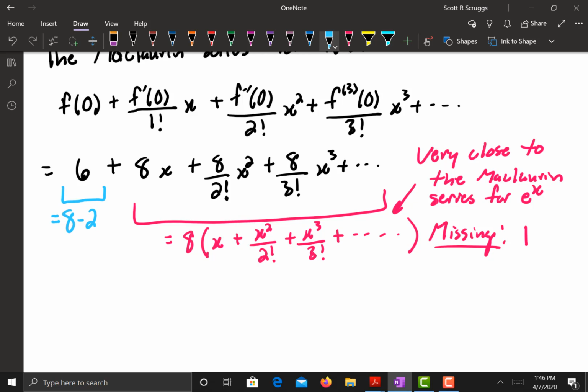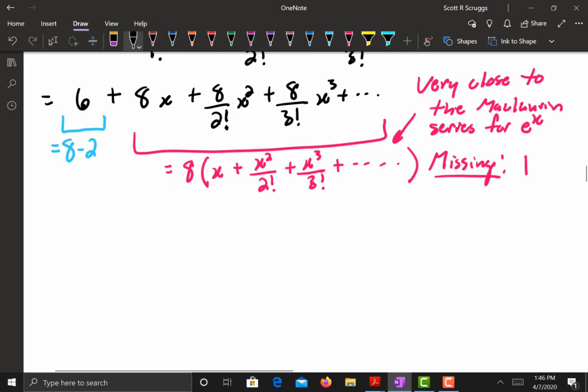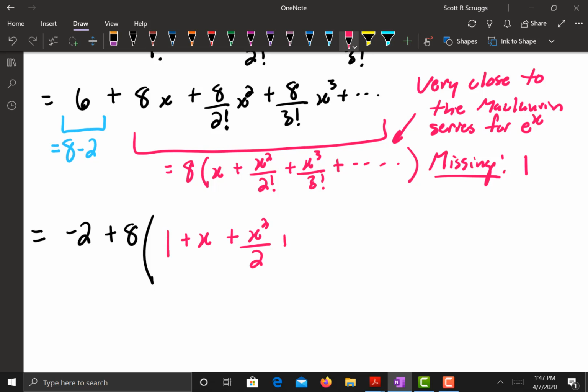The quickest way is 8 minus 2. Which means now I can rewrite this as negative 2 plus 8 factored out times 1 plus x squared over 2 plus x cubed over 3 factorial plus dot dot dot. And now I have that plus 1.